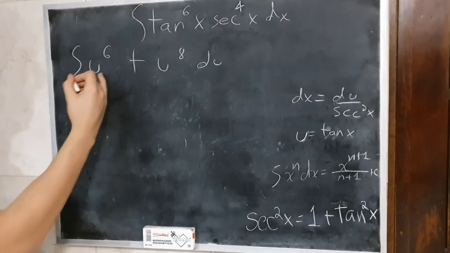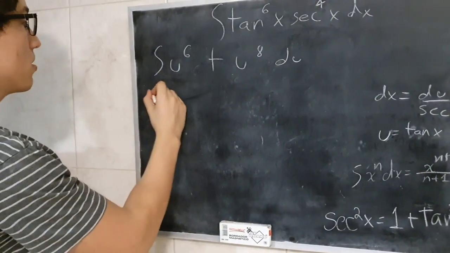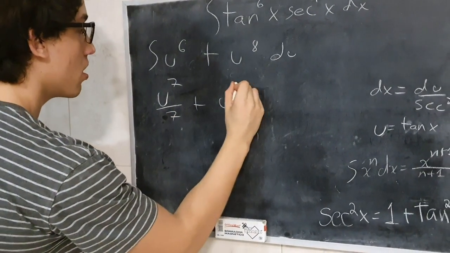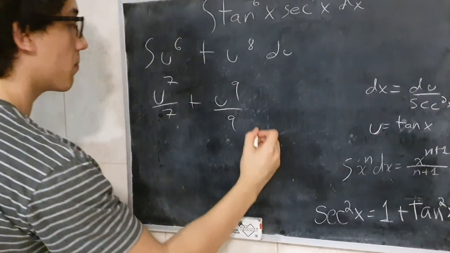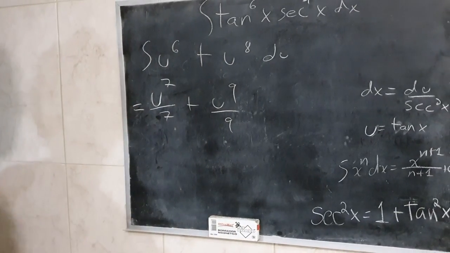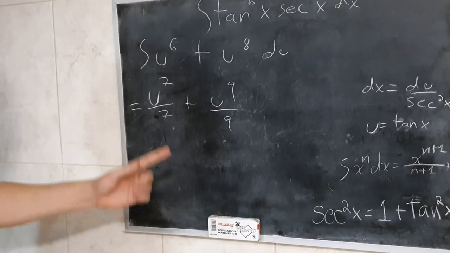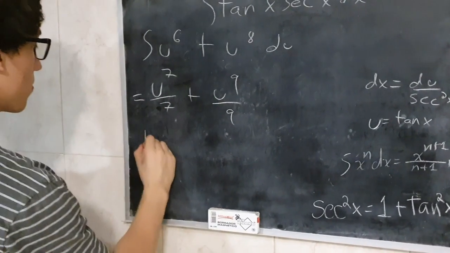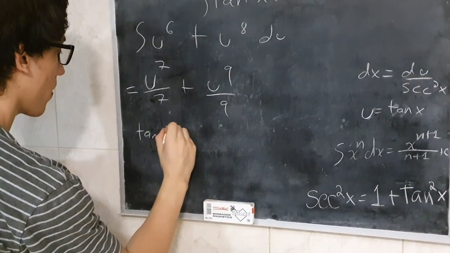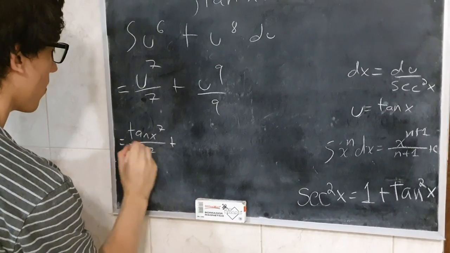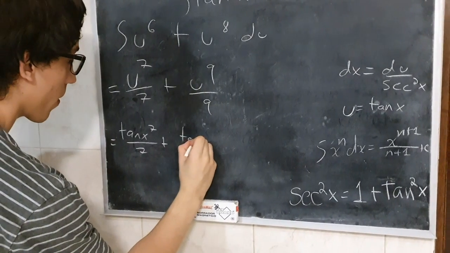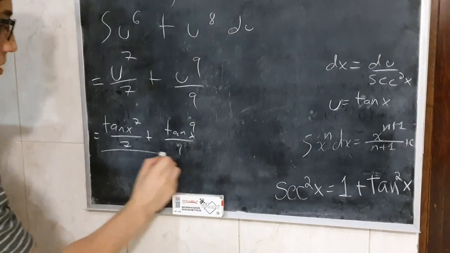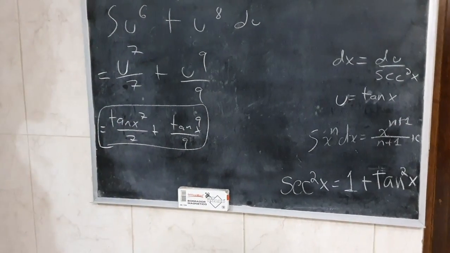So we add 1 to the exponent and we divide it by the same number. So it's u^7 divided by 7 plus u^9 divided by 9. And now we substitute the u for the value. And this is our answer.